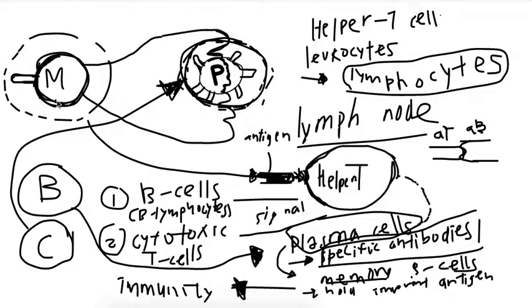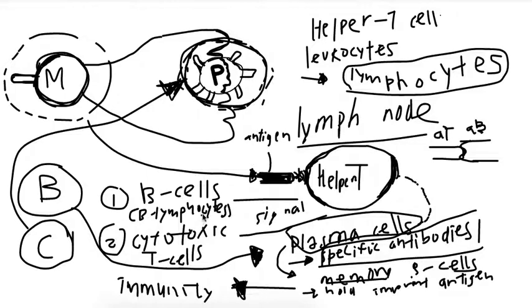The macrophage will move to the lymph node, and then this helper T cell will be able to bind to the antigen because it's non-specific, and so it'll activate the helper T cell. After the activation of the helper T cell, it will send a signal to B cells and cytotoxic T cells.